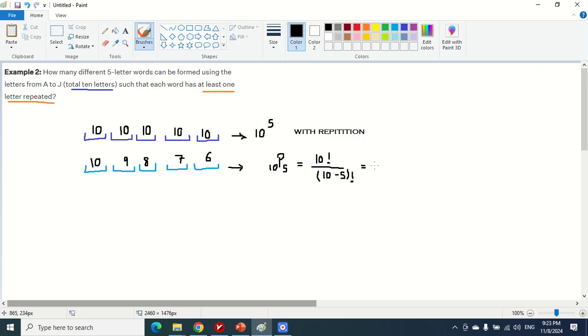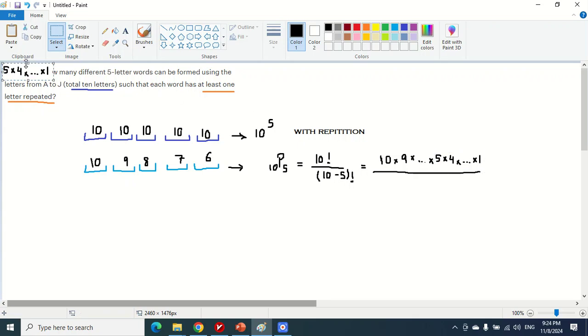That means we have 10 factorial in the numerator, 10 times 9 and so on down to 5, 4, and so on up to 1, and we divide this by 5 factorial, which is 5 times 4 times up to 1.